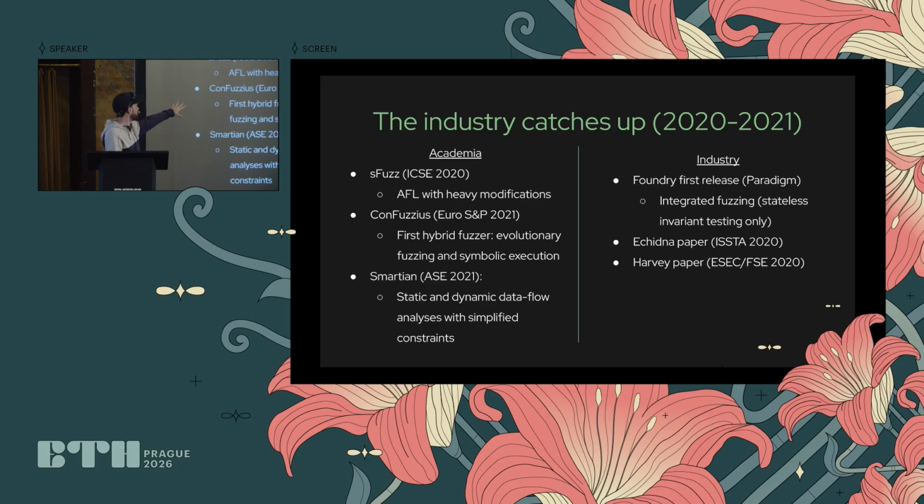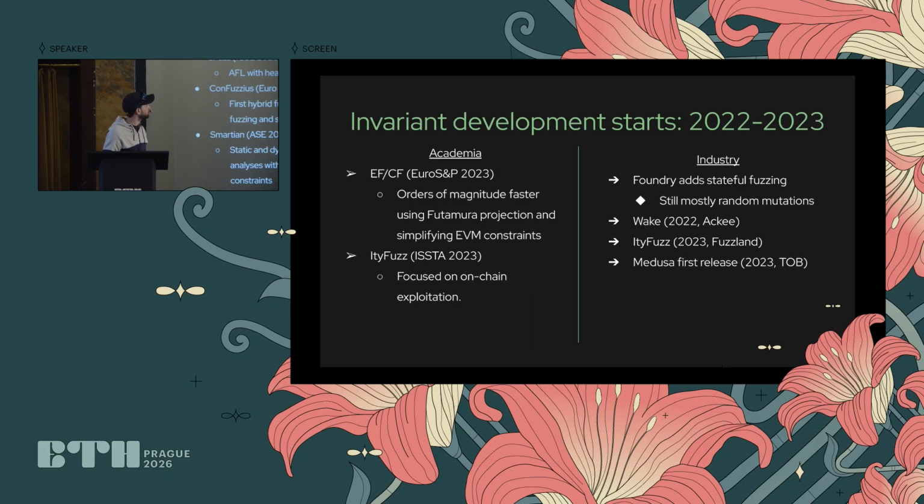We have Confuzzius, which was the first hybrid fuzzer that combines traditional fuzzing with symbolic execution, and Smartian, which simplified the actual symbolic execution to do linear constraints. So you can solve the linear constraints faster than the actual symbolic execution and get better coverage.